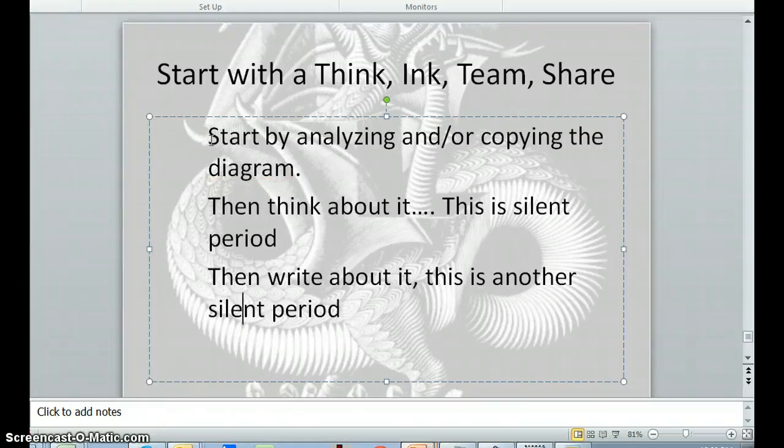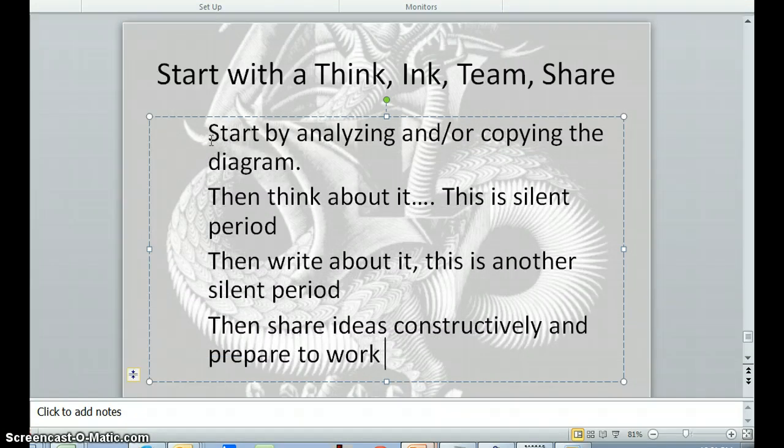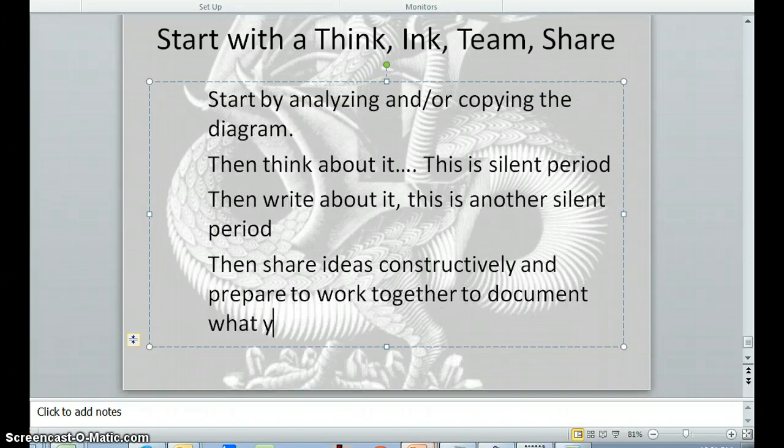Then think about it, then write about it, then share ideas constructively and prepare to work together to document what you do.